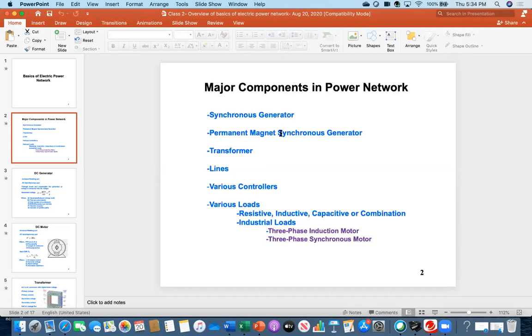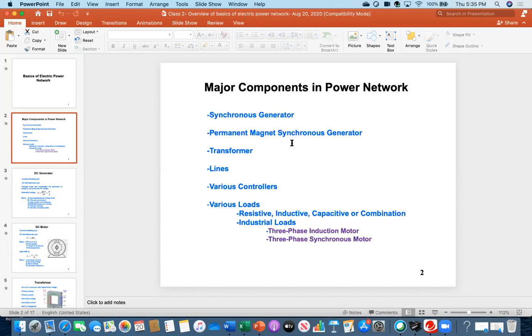And these days, at least for the last 20 years, instead of the conventional synchronous generator, the permanent magnet synchronous generator is being used. This means if it is not permanently magnetized, then you have to excite it by providing an external DC source. We'll be discussing those things today.